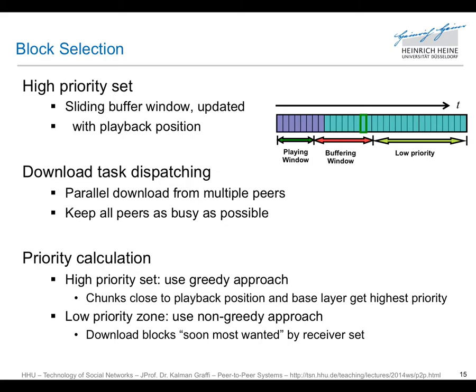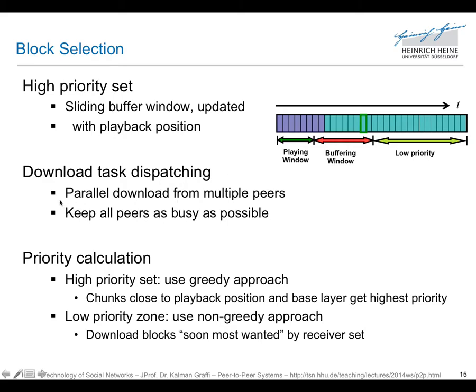So if this is your violet playback window, then you have a high priority interval for the next chunks, and this is your main goal to fill, so that for the next 1 minute, I think, you have a filled video stream. And later on, all other chunks have lower priority.